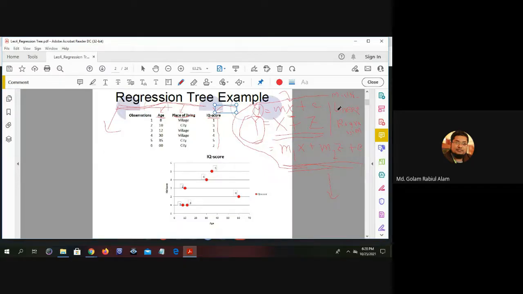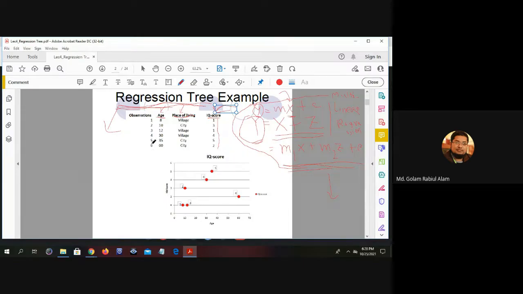In this lecture we will focus on the regression tree, specifically a nonlinear regression method for regression analysis. Here the parameters for determining the IQ score are age and the place of living. Then how can we construct the decision tree, and how can we analyze or predict the IQ score?